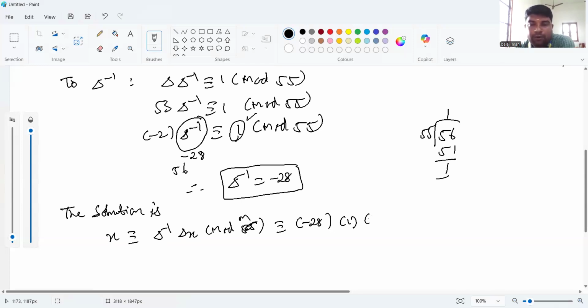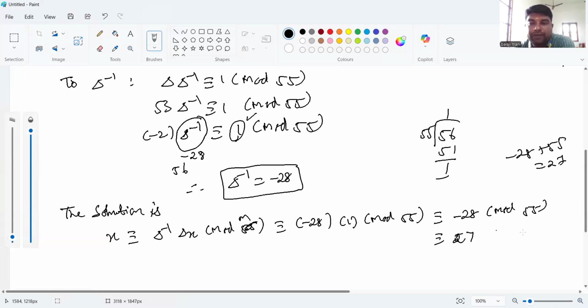Minus 28 into 1 is minus 28 modulo 55. Minus 28 is a negative remainder, and the final answer is always represented as a positive remainder. So minus 28 plus 55 is 27. So we get the positive remainder 27 modulo 55. This is the solution of x.